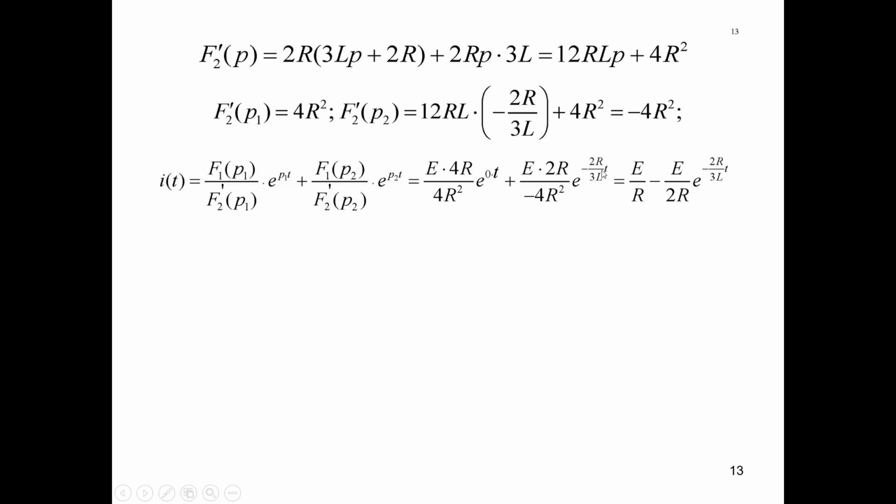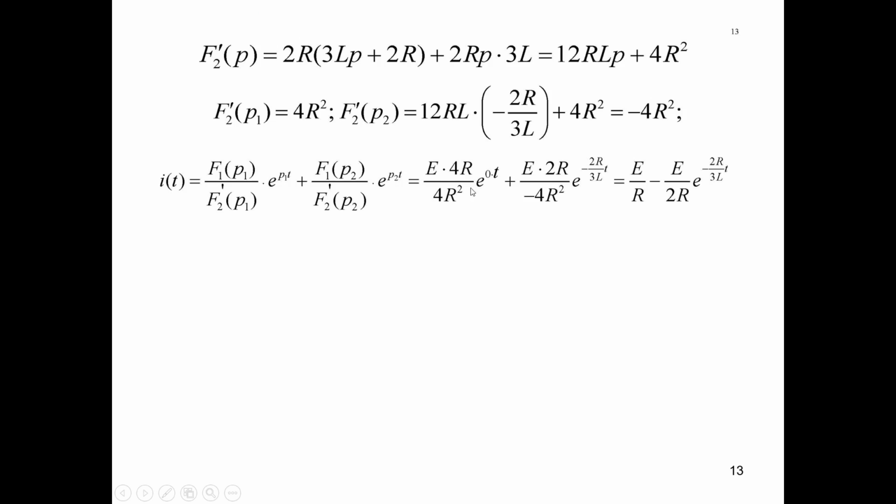Then we rearrange it, and we will have here e in 0 degree, it's 1. Here r and r² are cancelled.